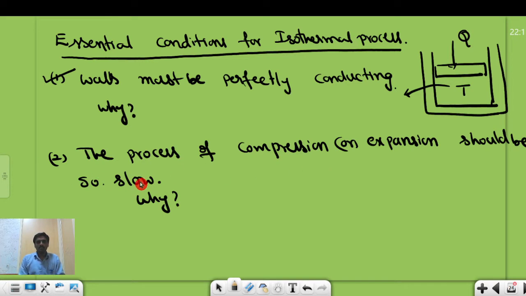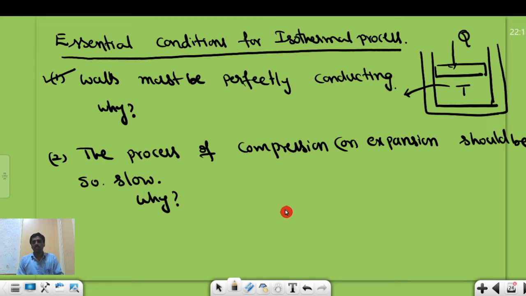The condition number 2: the process of compression or expansion should be very slow. What is the importance of this condition? If the process is very slow, we are giving a large amount of time to transfer the energy from the system to the surroundings as well as from the surroundings to the system.